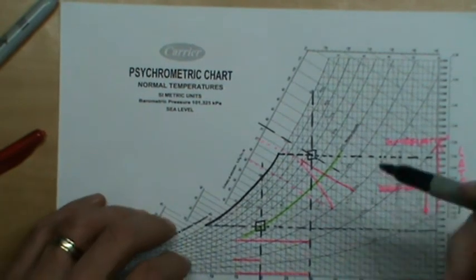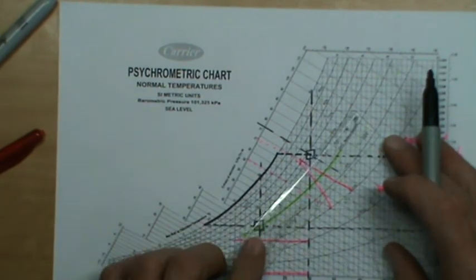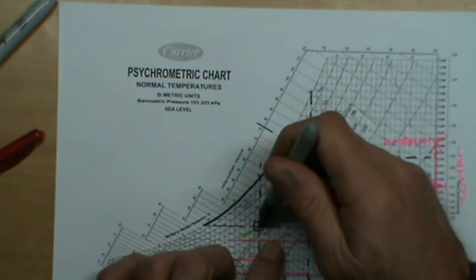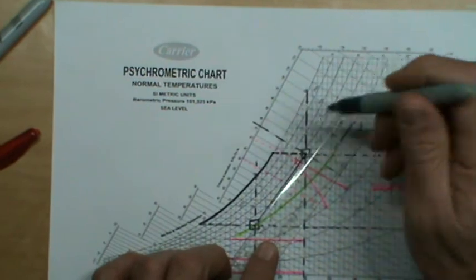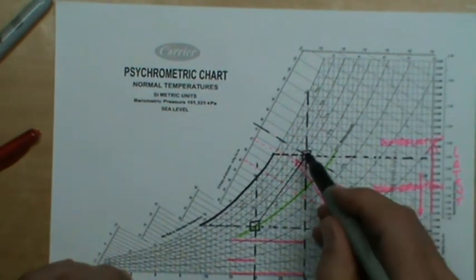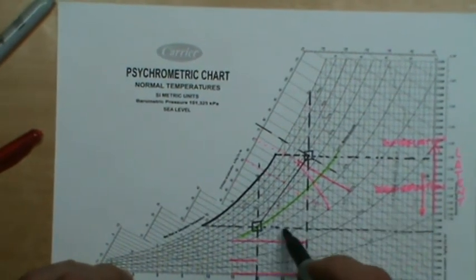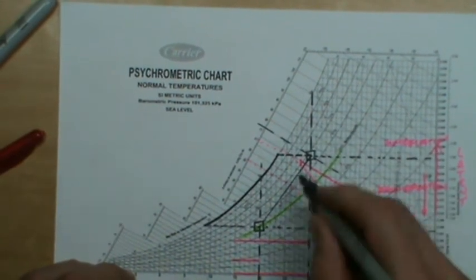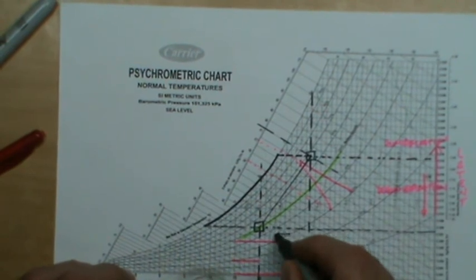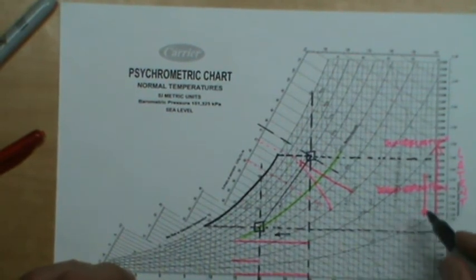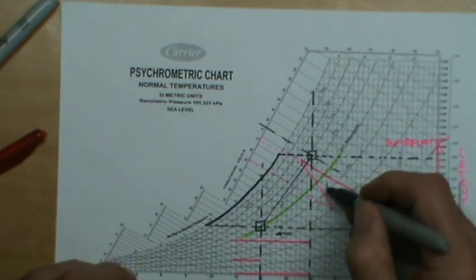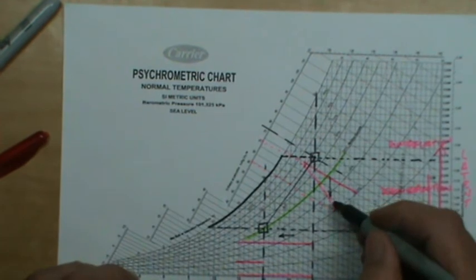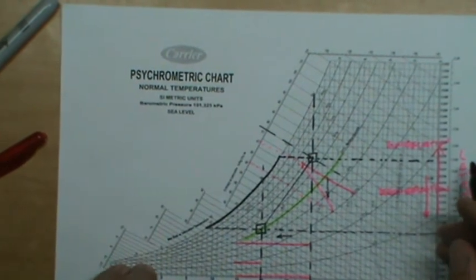Because remember now, in moving from that point to that point, we have done sensible cooling and we have done dehumidification, because we've moved in that direction, so we know that sensible heat has now got less, and we know that we've moved in that direction, and if that thing is anything to go by, we have dehumidified.